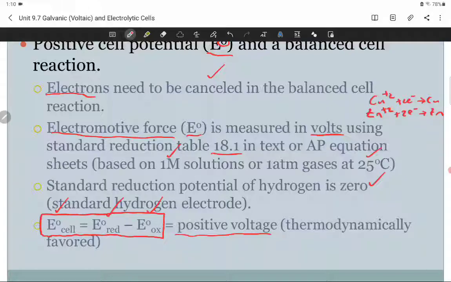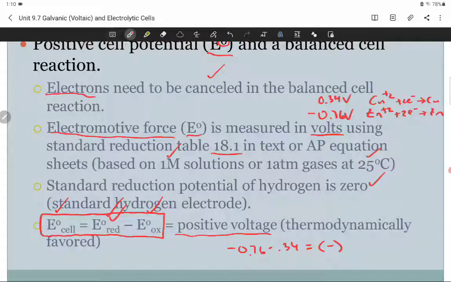I'll give you a couple numbers here. This is the E-cell half cell voltage for copper, and this is the half cell voltage for zinc, at least for these two half reactions. And so if you assemble these the wrong way, if you put the negative 0.76 in the reduction part of it, you will get a negative answer.